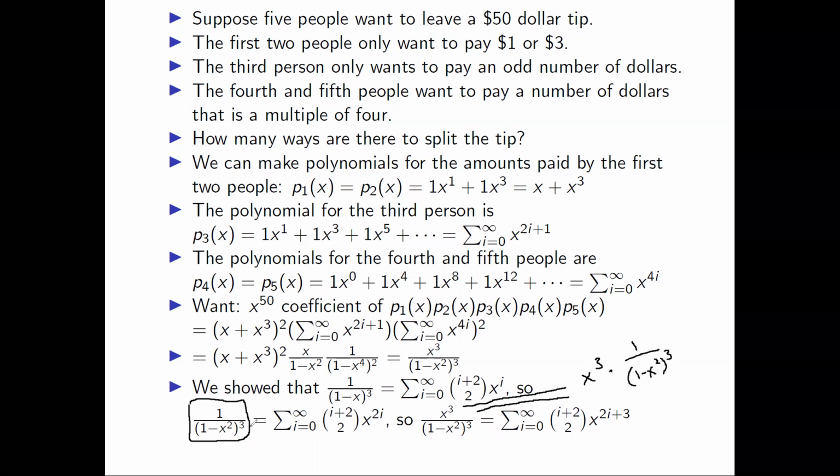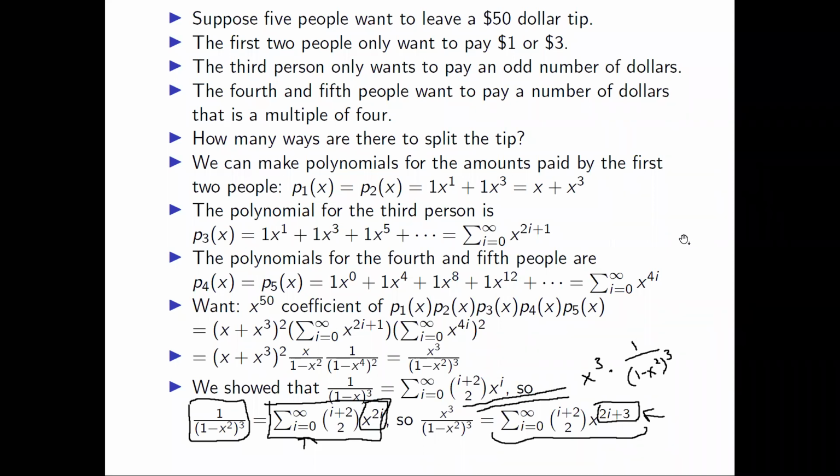So we can take the polynomial for 1 over (1 minus x squared) cubed, and we can just multiply it by x cubed. So that's taking the x cubed times each x to the 2i. So we can take the x to the 2i, and we can just add 3 to its exponent. And that gives us an x to the 2i plus 3. So the only thing that changed between this sum and this sum is just the exponent of the x.